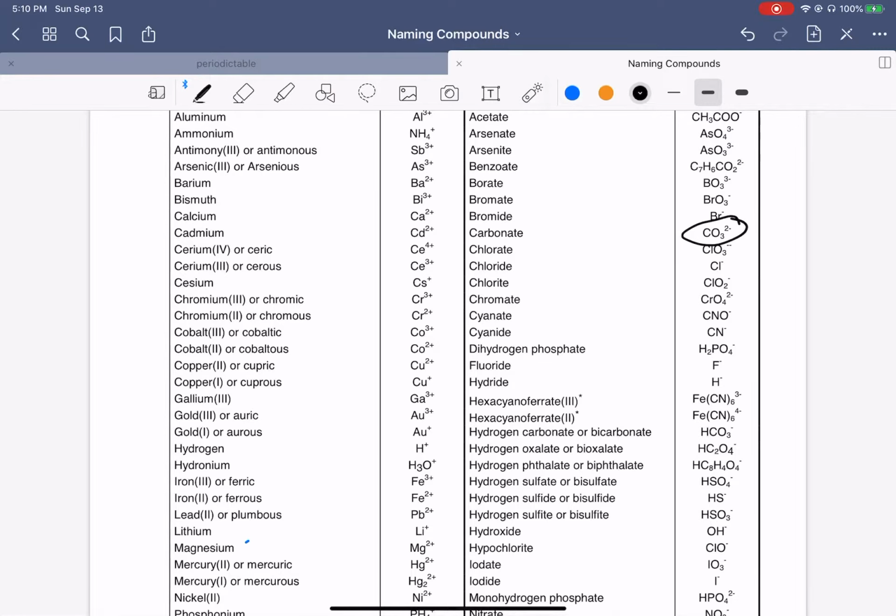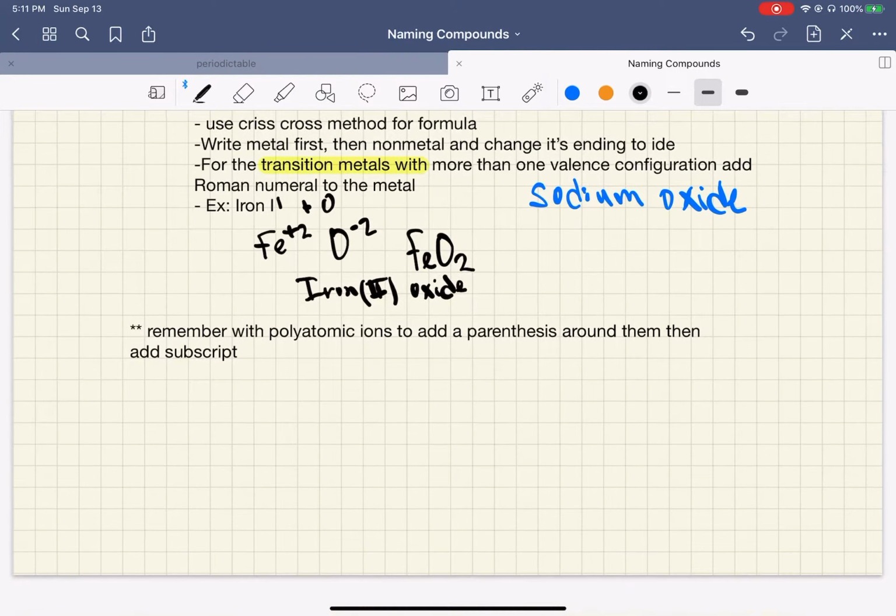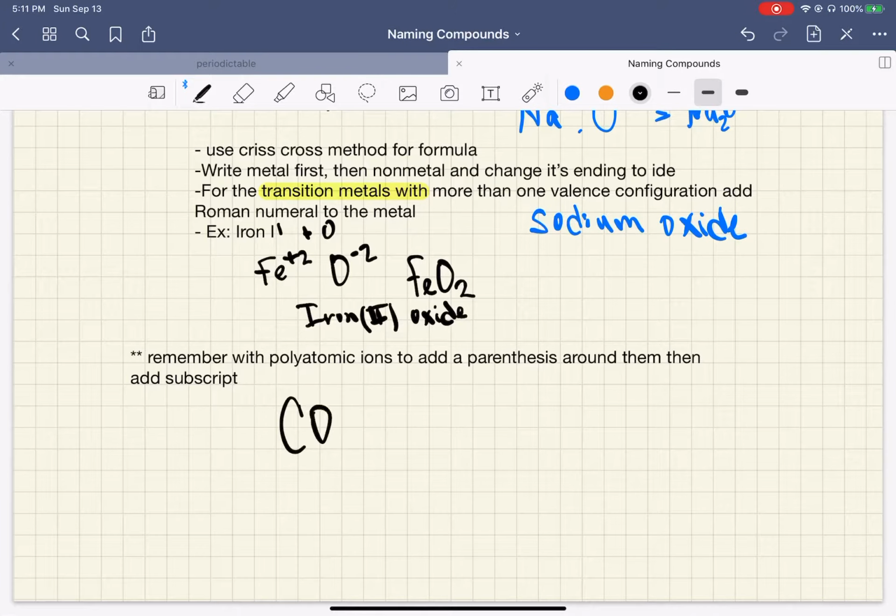When we are naming those, we want to make sure that we are keeping that ion intact. Okay, so I'm going to show you. We have carbonate, which is CO3 -2, and let's just say that we have lithium added to that. Okay, lithium's a +1.